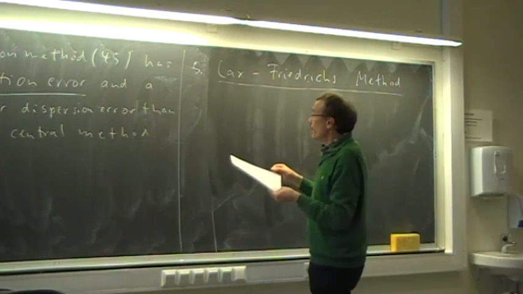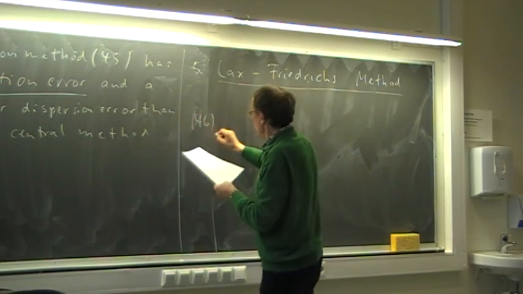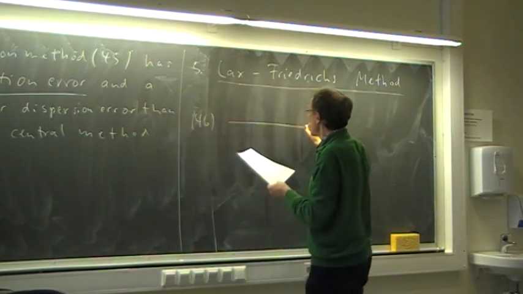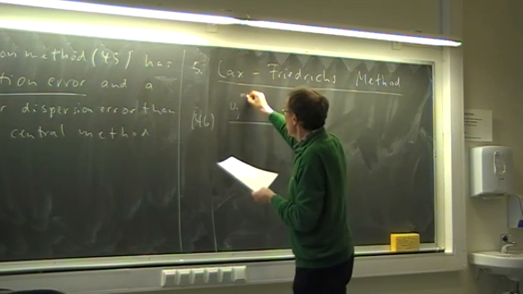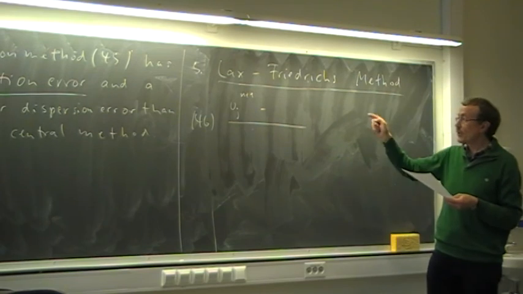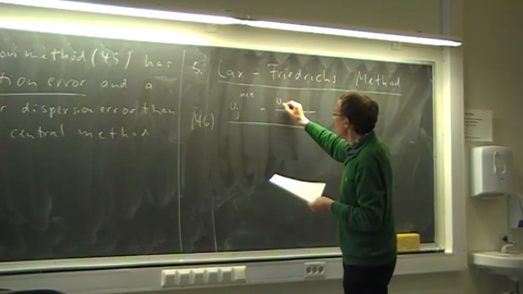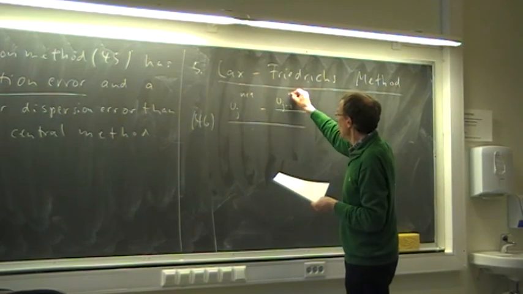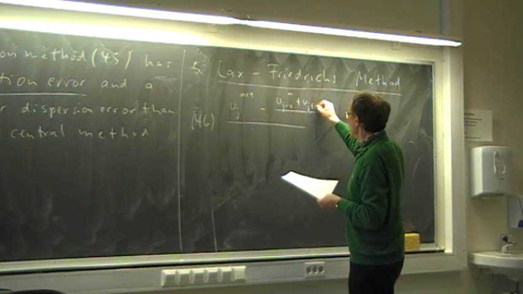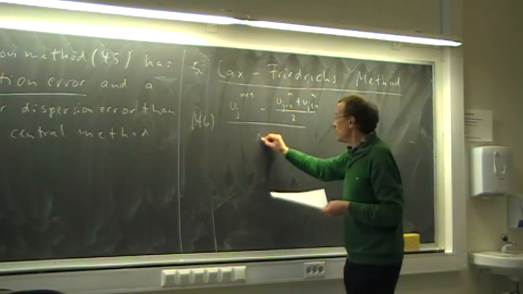That is the following. We make the following ansatz. We say u_j^{n+1} minus, and here comes the trick. Instead of taking u_j^n, we take an average of the neighbors, u_{j-1}^n and u_{j+1}^n. That is the trick. Divided by delta t.